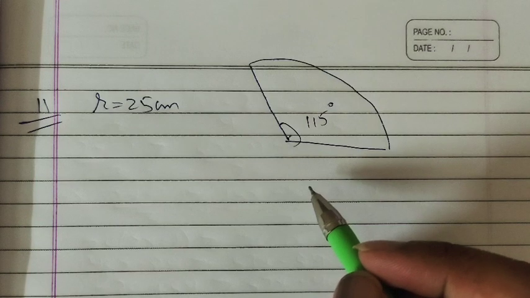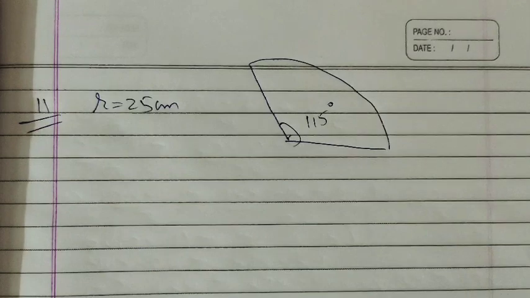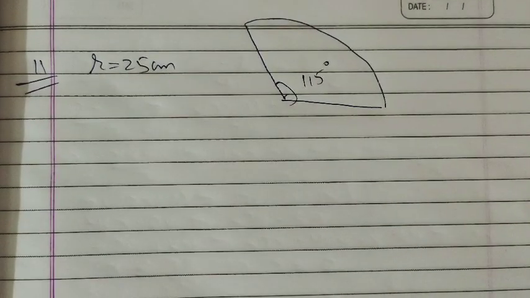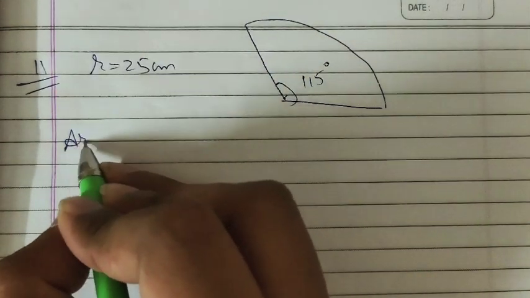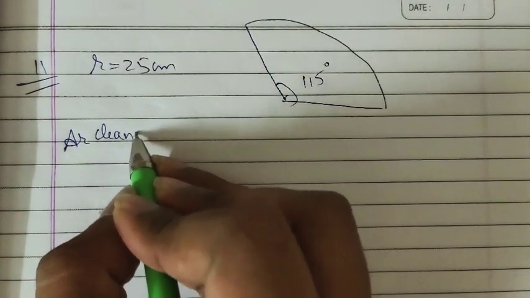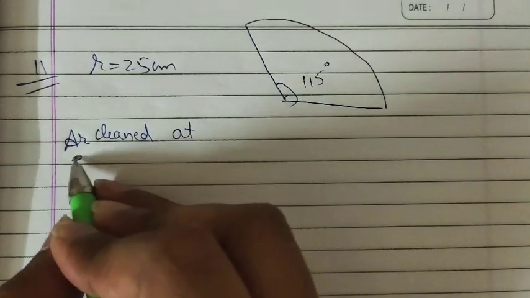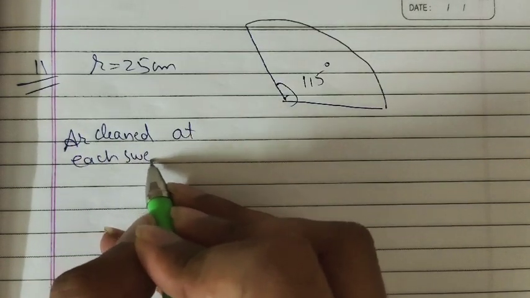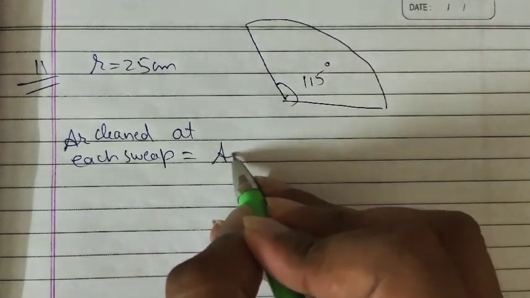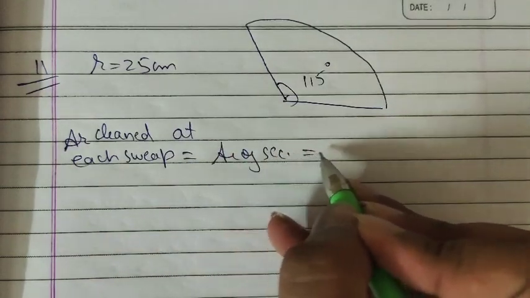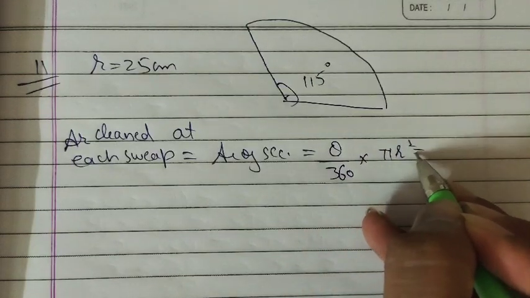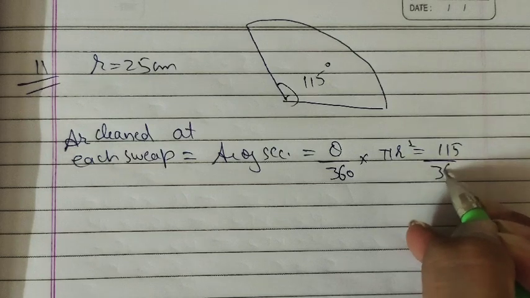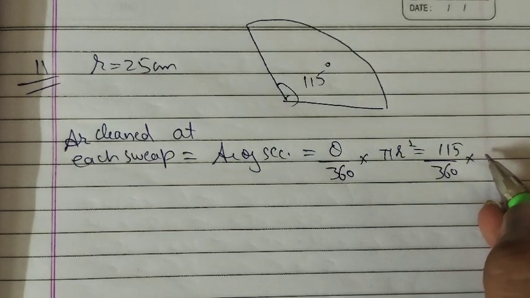Now we find the total area cleaned at each sweep of the blade. So the area cleaned at each sweep is equal to the area of a sector, which is theta upon 360 multiplied by pi r square, 115 upon 360 multiplied by, is there any instruction for pi?